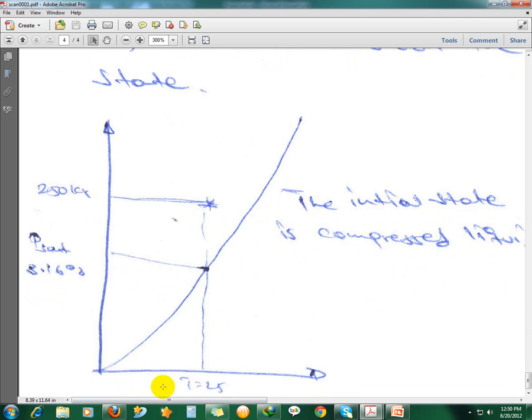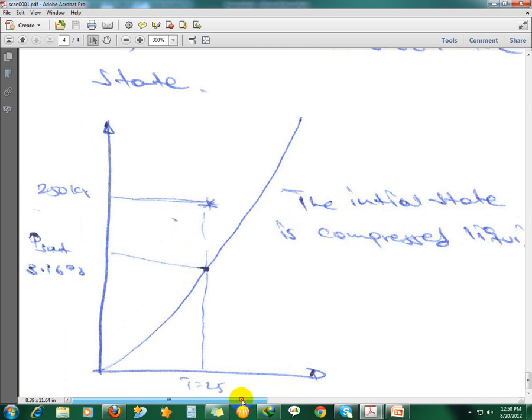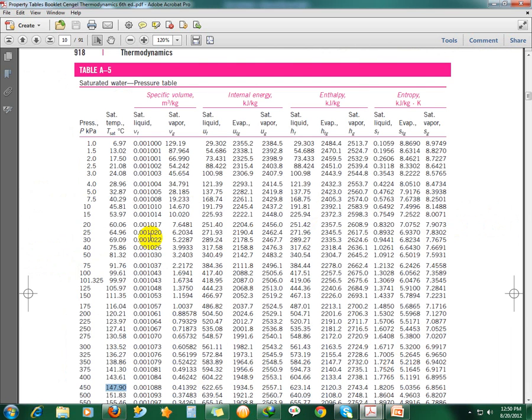At T equal to 25, Psat is around 3.16, but the given pressure is above Psat, so the state is compressed liquid. Then to determine V1, first let's go to the compressed liquid table.